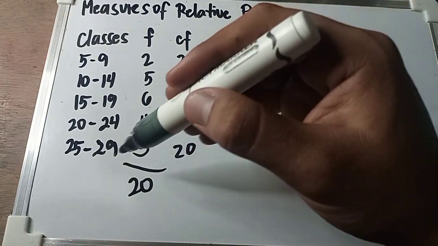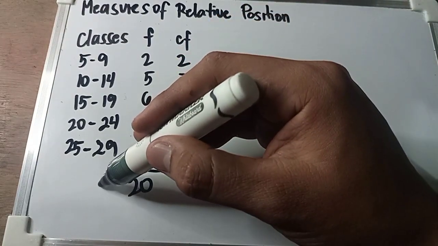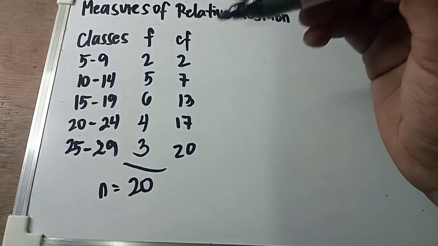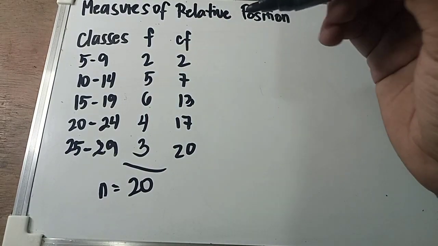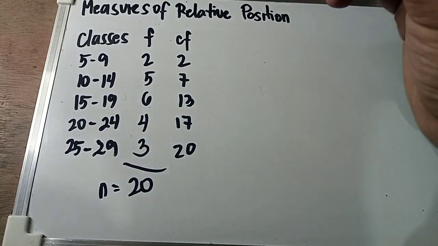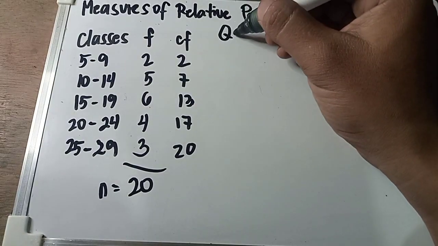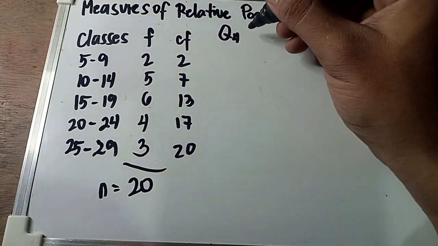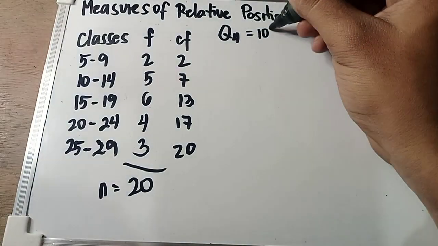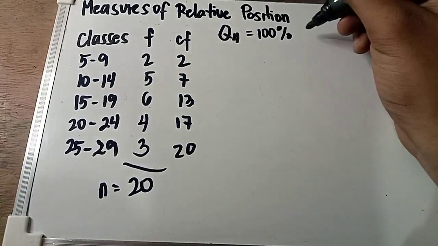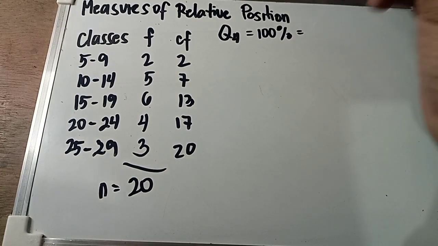So, this will be our n. Now, for example, we're looking for the Q4 or the quartile 4. Ilan ang equivalent ni Q4? 100%, or in decimal, it is 1.